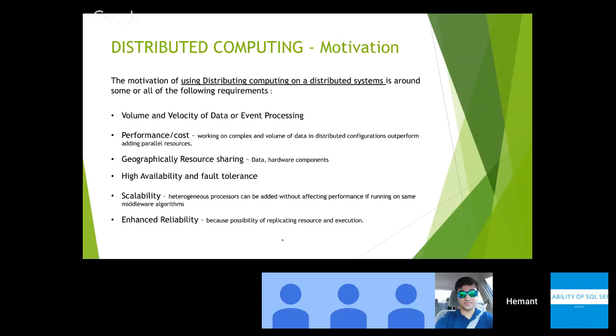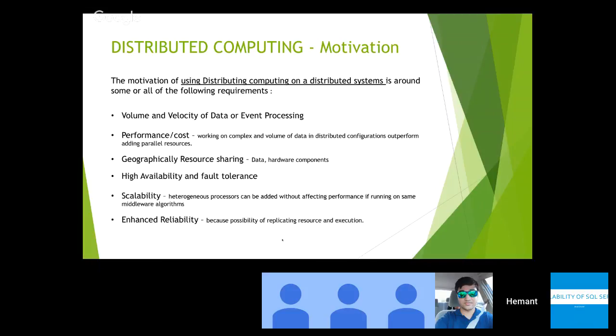And then the last point is enhanced reliability, because reliability can be achieved through replication of resources and their execution. So these are the important motivations when you go to distributed computing.